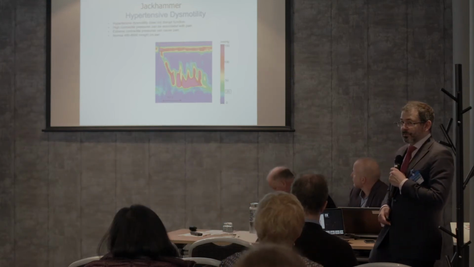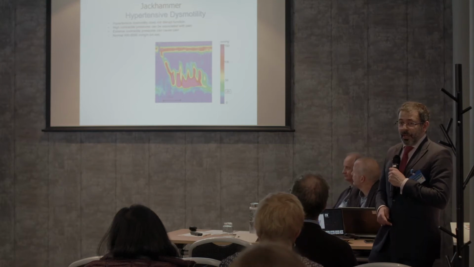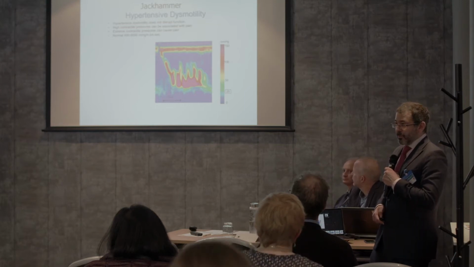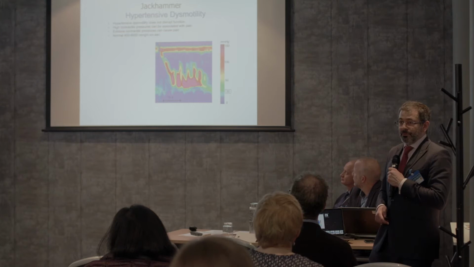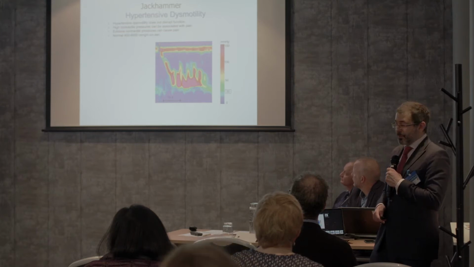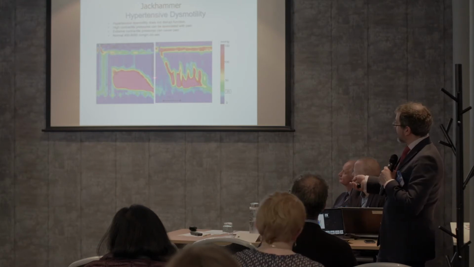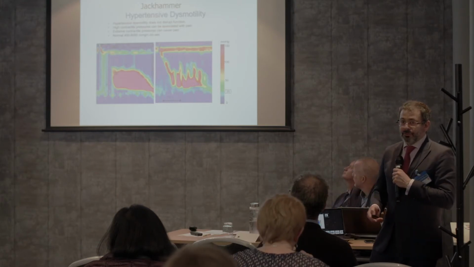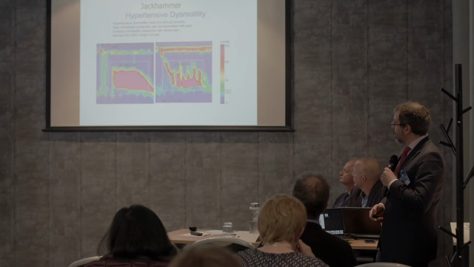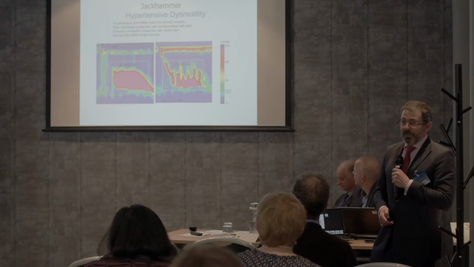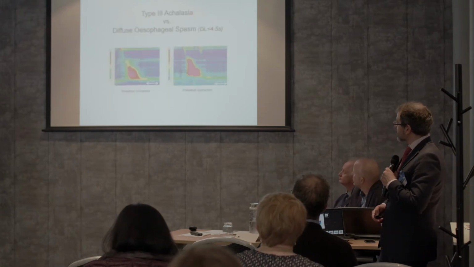And this is associated with pain and impaired bolus transit. So this too can be treated in a not dissimilar way, and we'll talk about that in a moment. It doesn't have to appear like this. It can also have just very high contractile motility. And both of them have a high distal contractile integral.